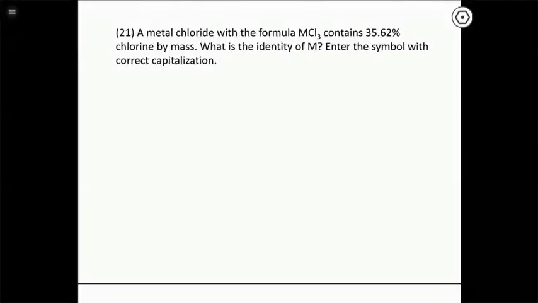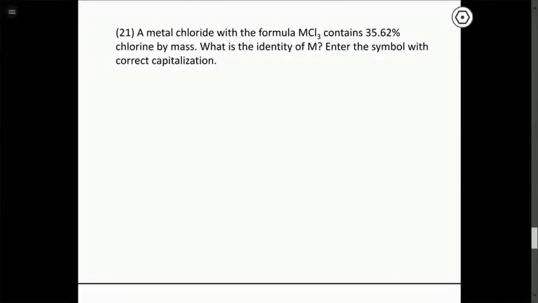If we ever ask you to identify an unknown substance, there's a couple different problems that'll come into play. Usually what you're going to be looking for is the molar mass of that substance. That'll allow you to identify what it is, or at least narrow it down to one of the choices in the problem. So if we want to find the identity of the metal M, let's try to find its atomic mass.